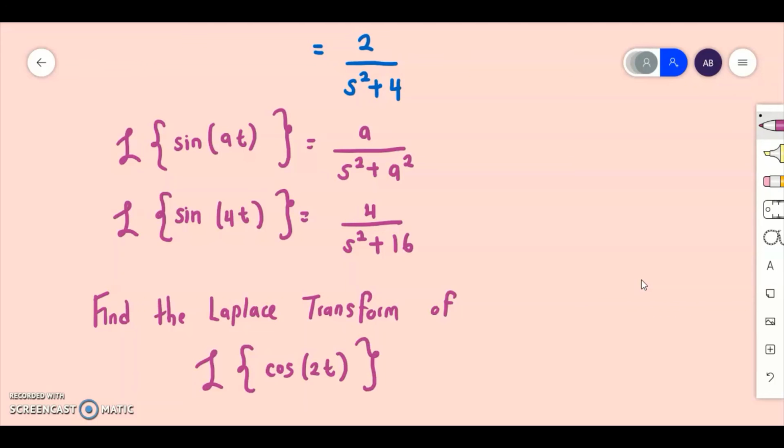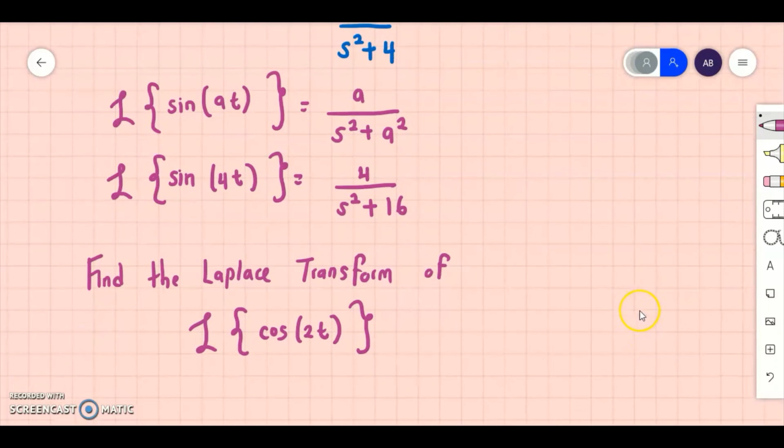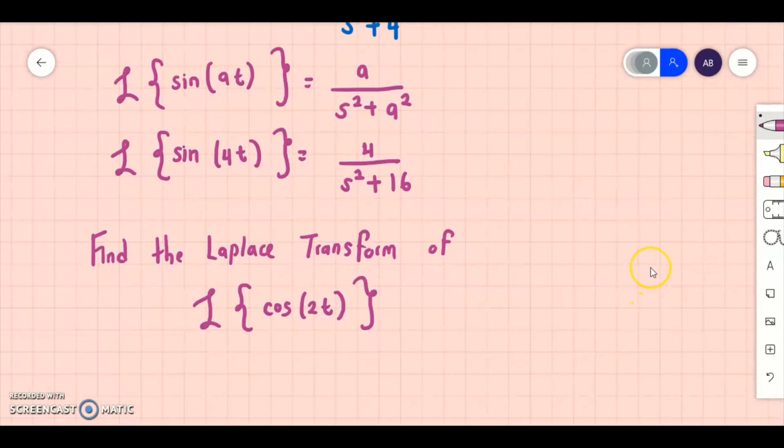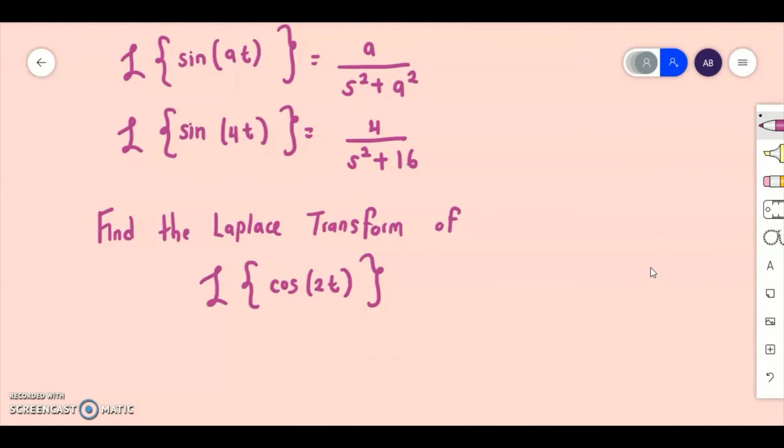Okay, find the Laplace transform of cos 2t. So this is your homework. Use the same definition that I gave you for the sine t, where take note that you have to integrate 2 times by parts.